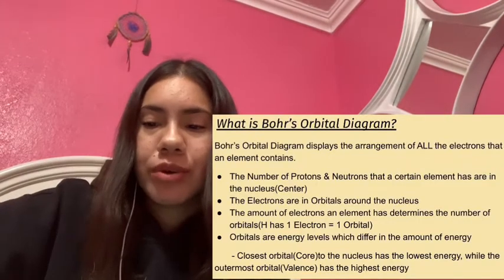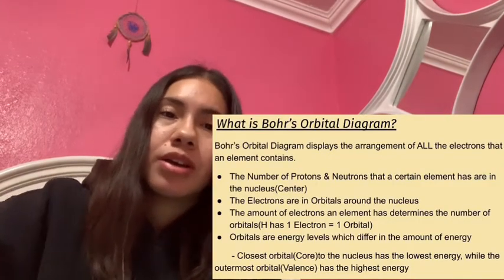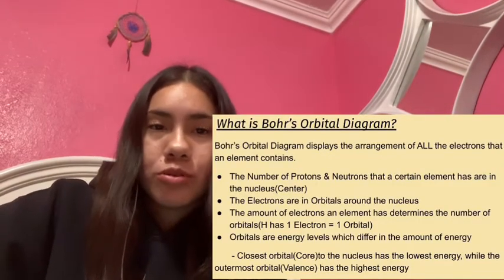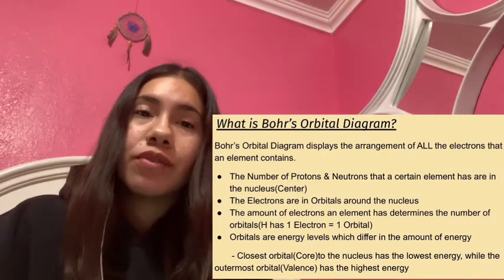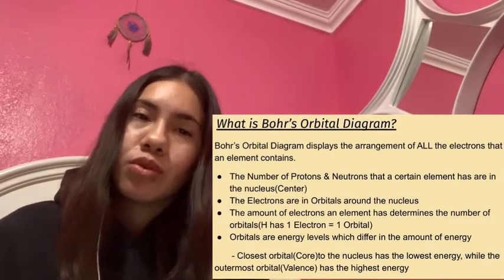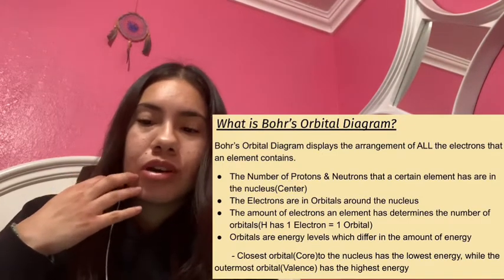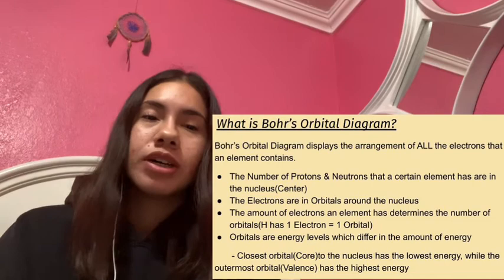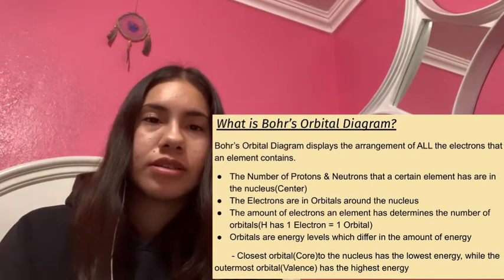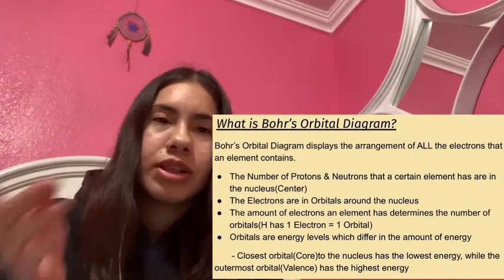So what is Bohr's orbital diagram? Bohr's orbital diagram displays the arrangement of all electrons that an element or atom contains. The way to draw it is you would put the number of protons and neutrons in the nucleus in the center, like a little circle.